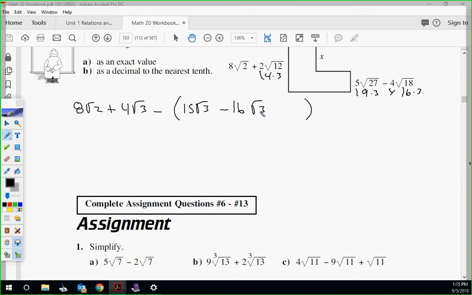Okay? So 15 minus 16 is negative root 3. So we're doing negative. So what's a negative negative? Plus. That's the challenge question today.